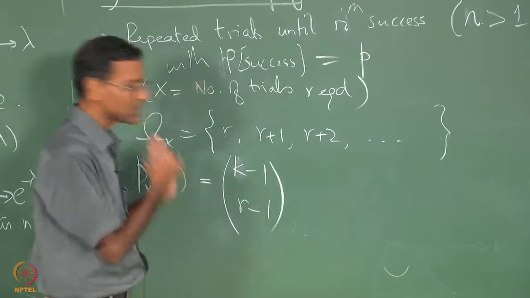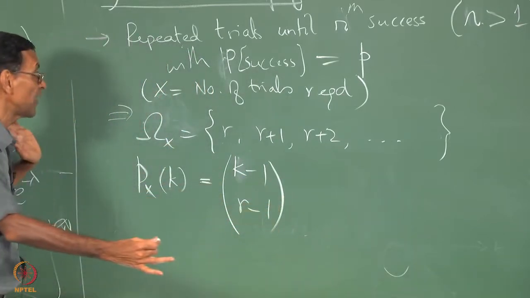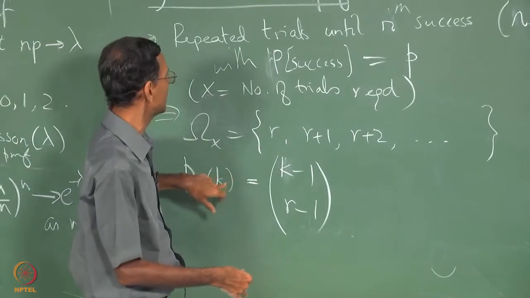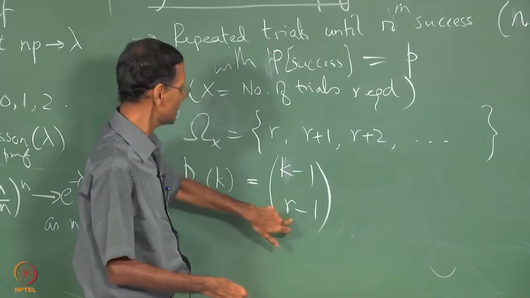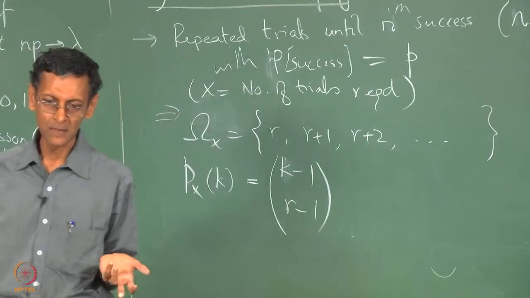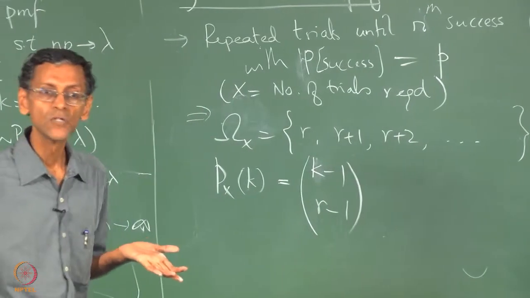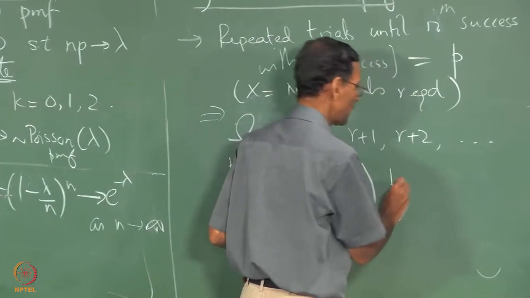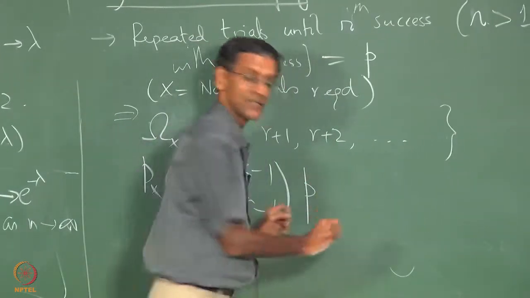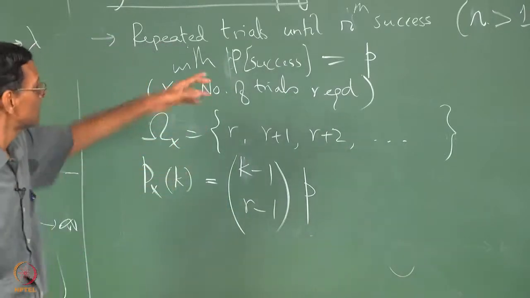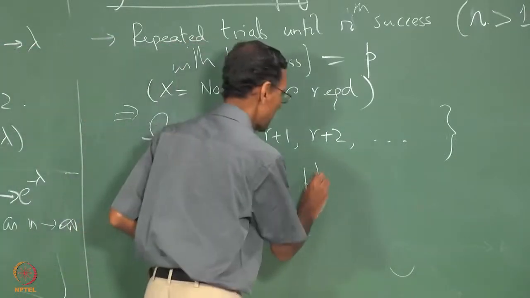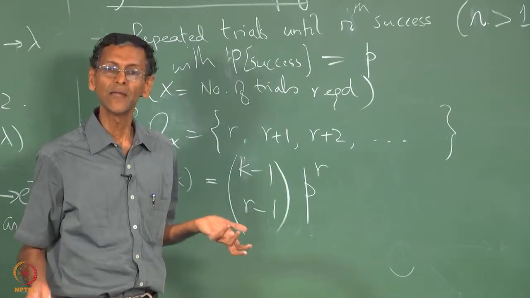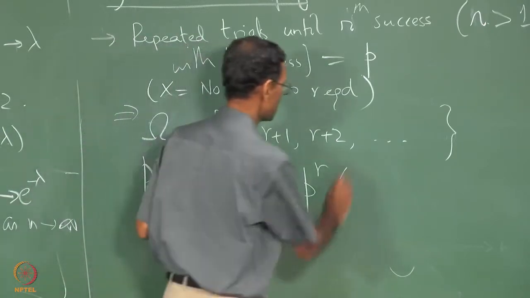And you have a sequence of successes and failures. How many successes you have, how many failures you have? You have exactly r successes and you have k minus r failures. So what will come here? We have exactly r successes, right, because that is what we want, and therefore k minus r failures.